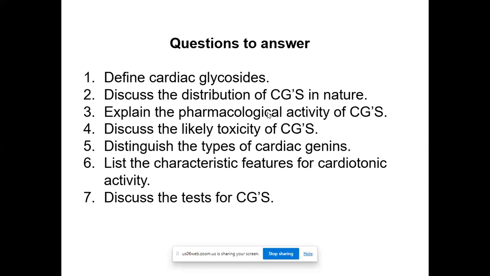Discuss the distribution of cardiac glycosides in nature. Anybody? This is a good class. I love it. You're very active. So they can be found in the leaves, the roots, and some of the families.